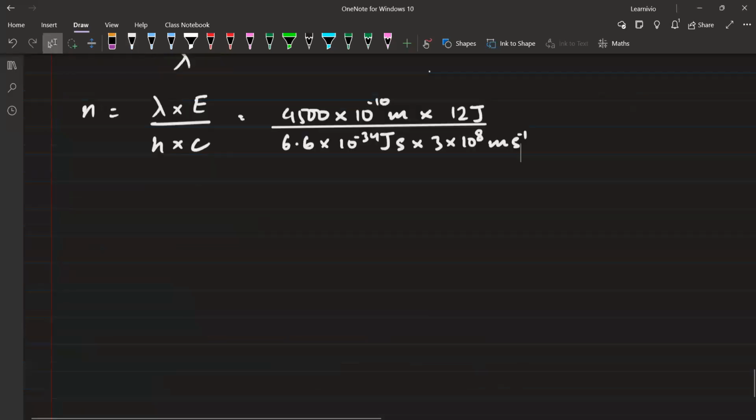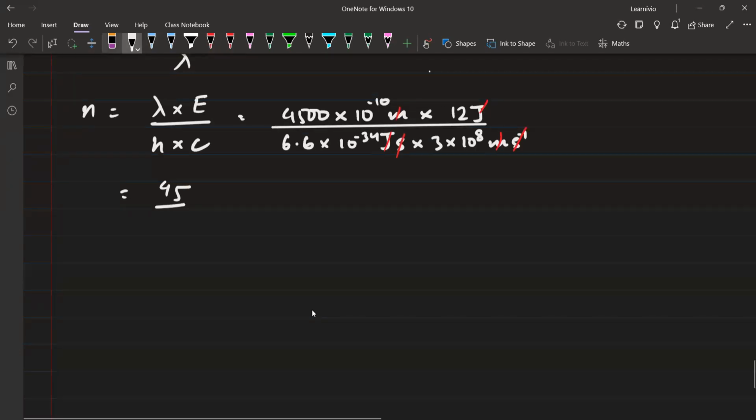ठीक है, चलिए एक बार देख लीजिए यहाँ पे. First of all, I will simplify the units. So in order to simplify the units, I will cut meter and meter, joules and joules, second and second inverse. सब कुछ सही है. Then I will write this as 4500. तो 4500 को 45 कर देते हैं, है ना? 45. I will just remember that 10 to the power -8 हो जाएगा वो.